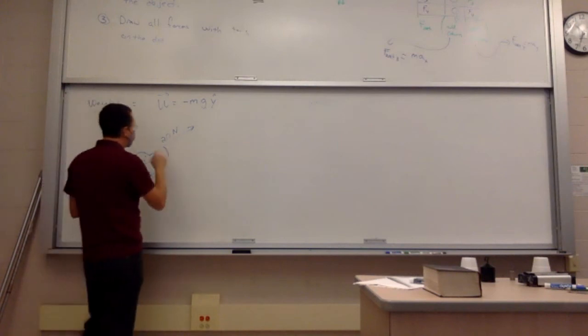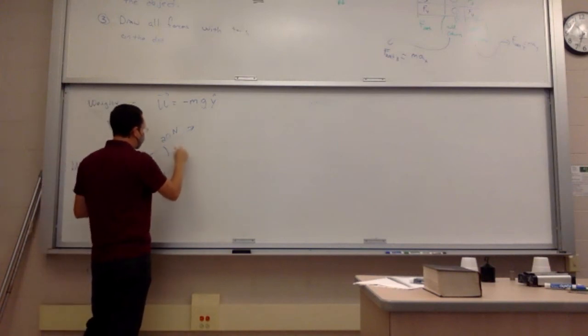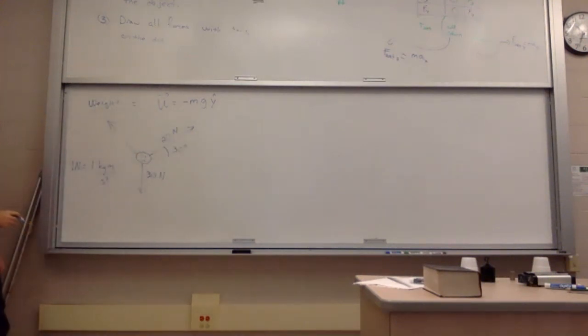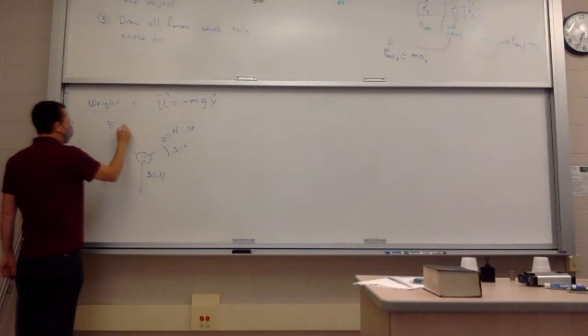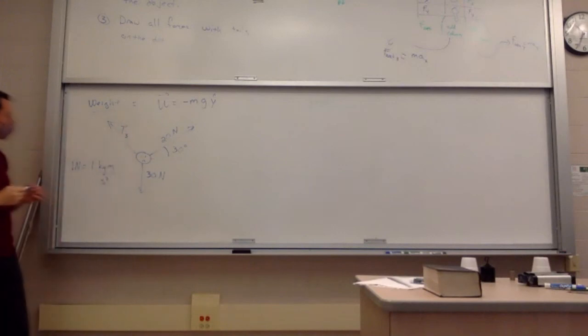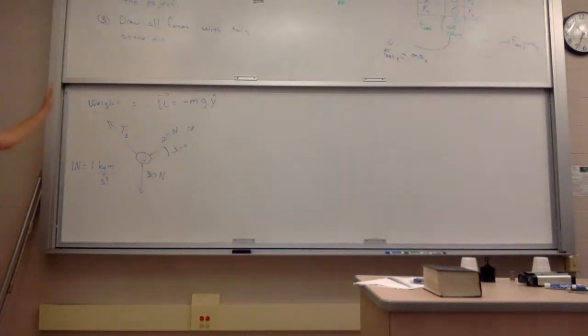This will be 20 newtons at 30 degrees above the x-axis. And then we have another force, we'll call it T3, some other rope, and it has some magnitude and some angle. All right, so that's the scenario.